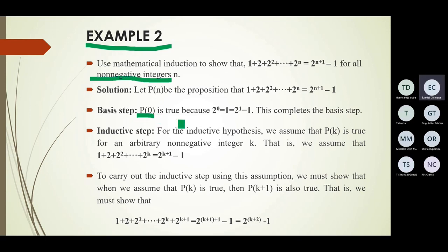So P of 0 is true because 2 to the power n here, which is 2 to the power 0, any number raised to the power 0 is 1, right? So 2 to the power 0 is equal to 1. And on the right hand side, we've got 2 to the power 0 plus 1, which is 2 to the power 1 minus 1, which will give you a 1.